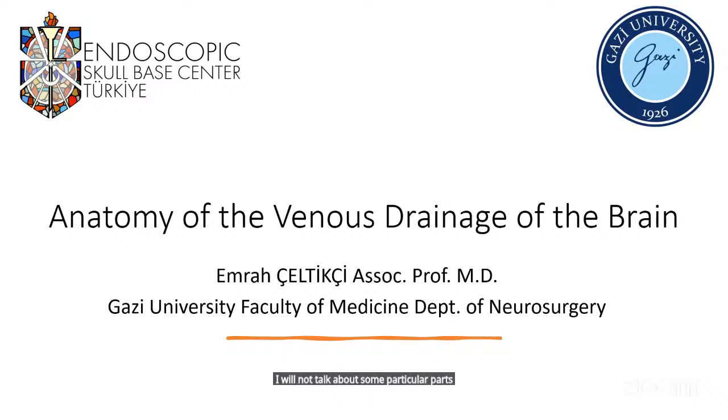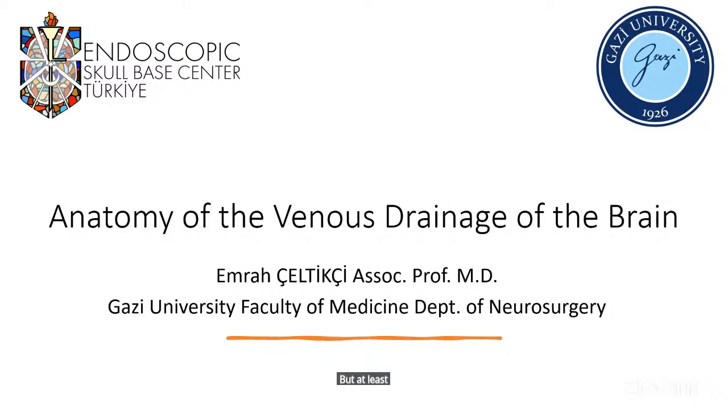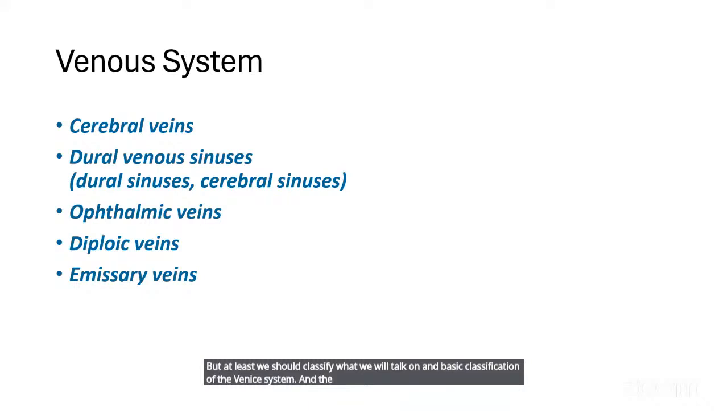The first 4 slides are a little boring because I don't like too many written slides, but at least we should classify what we will talk on, and the basic classification of the venous system. How can we classify it? The cerebral veins, dural venous sinuses, ophthalmic veins, diploic veins, and emissary veins.